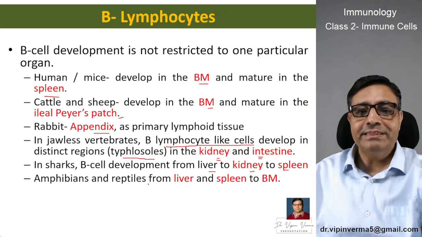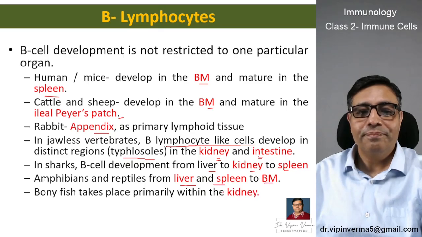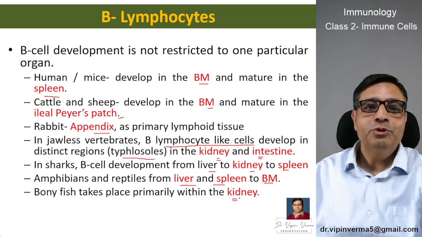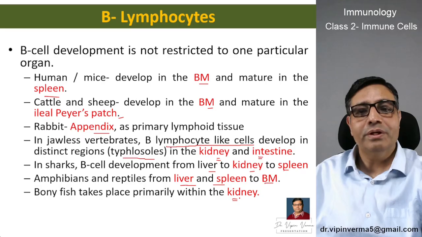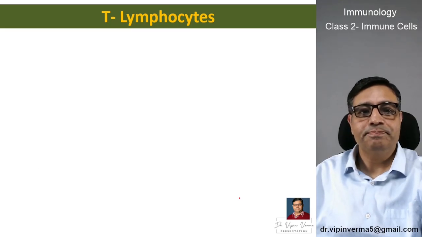In amphibians and reptiles, liver and spleen to bone marrow. And in bony fish, it takes place primarily within the kidneys. So you can see B cell development is not just restricted to one particular organ. In the animal kingdom, you can see so much of variation.